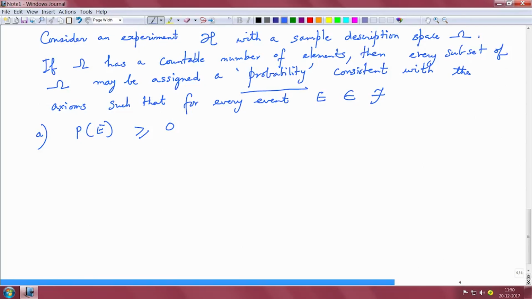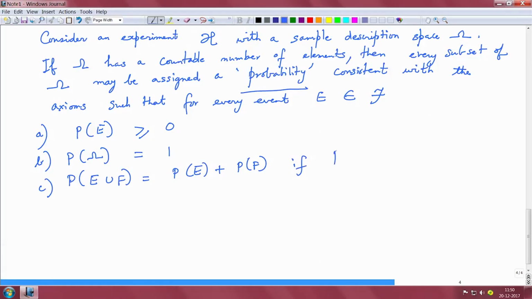So, probability of the event has to be greater than or equal to 0, probability of omega, which is your universal set, has to be 1, and probability of E union F equals probability of E plus probability of F if the probability of E intersection F is 0.